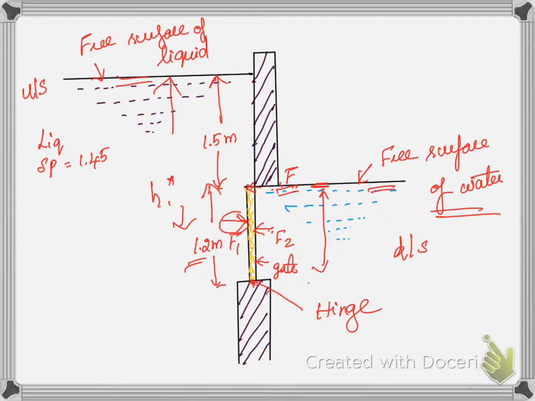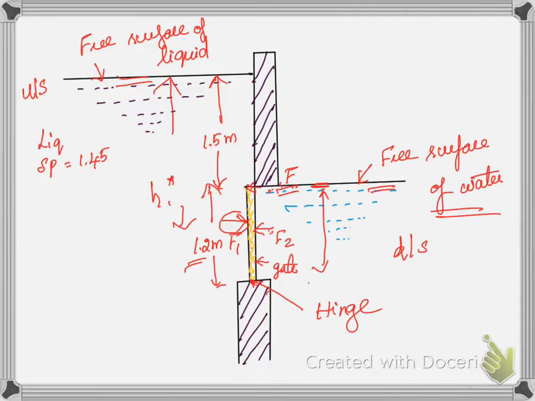So here I am taking anti-clockwise as positive and clockwise as negative. So F into 1.2 plus F2 into 0.4 minus F1 into the distance 0.5429 is equal to 0.